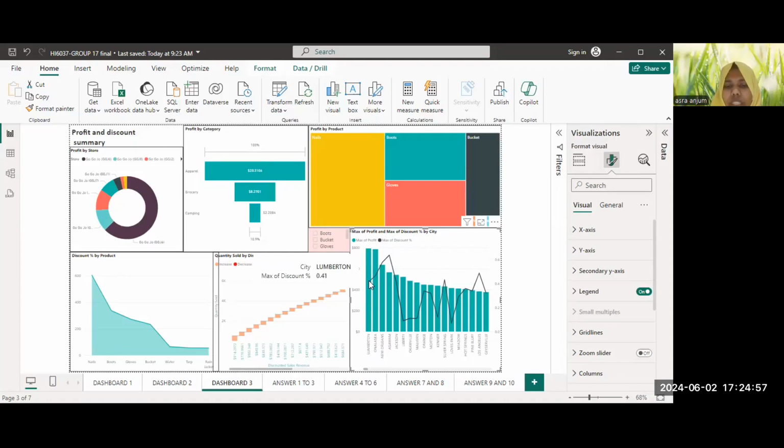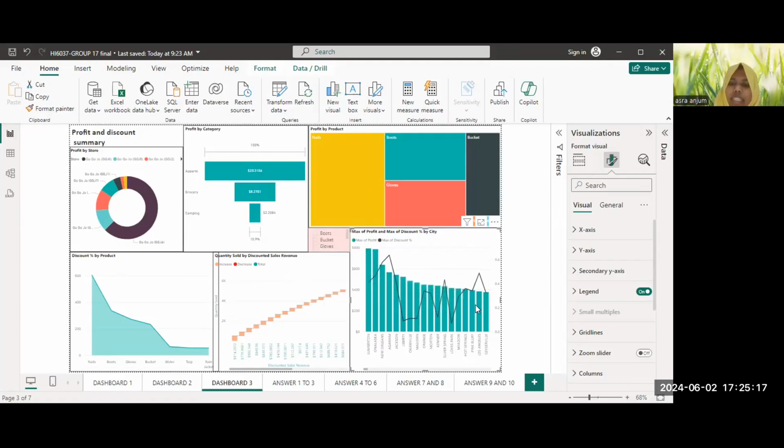The maximum discount percentage given by this city is 0.14, whereas this city, Gavam, has given a large number of discounts, but can't get the profit when compared to the first city.